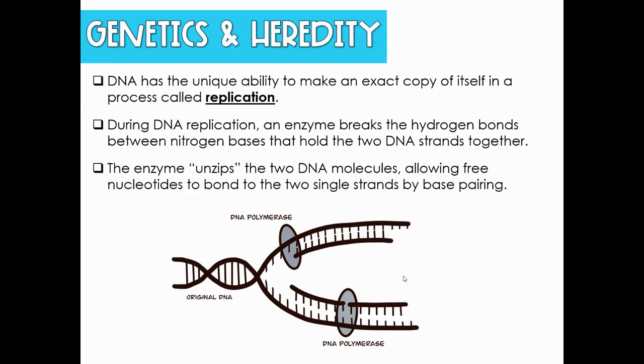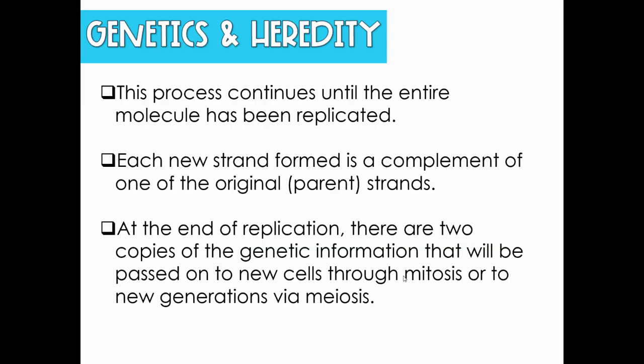This is a weak bond, so it's easily unzipped, and the DNA strand unwinds, and this allows the free nucleotides to bond to the single strands that are open. And DNA polymerase is going to ensure that the nucleotides are matched using those base pairing rules, so A's and T's and C's and G's.